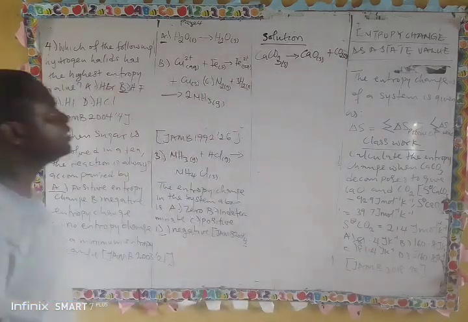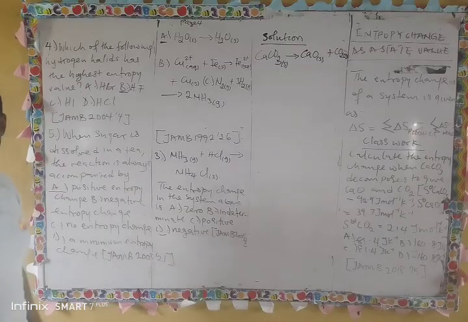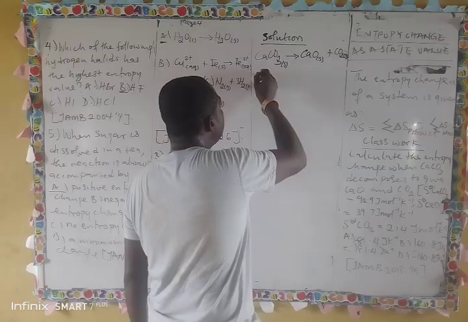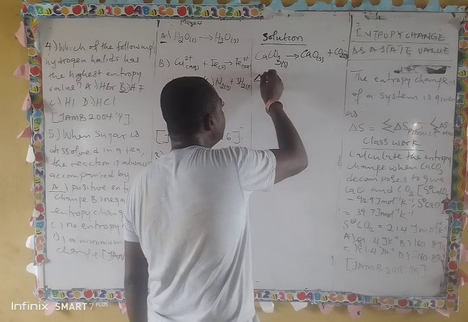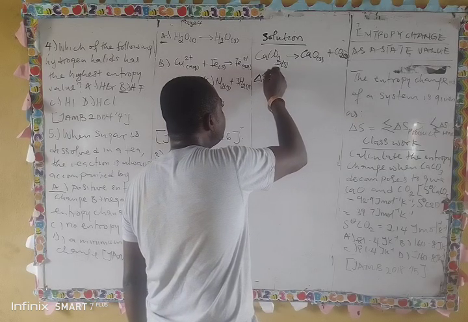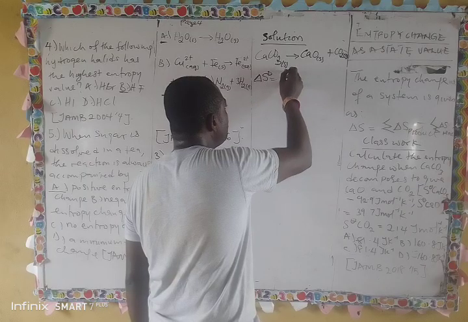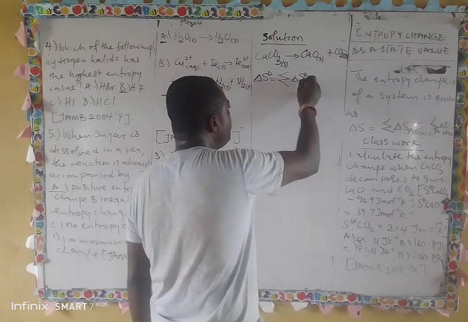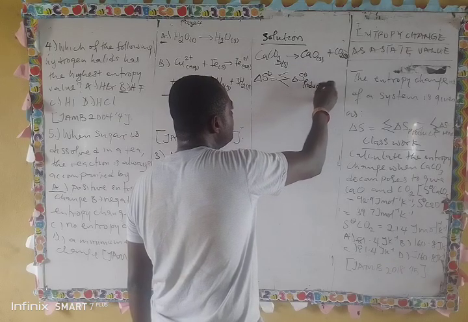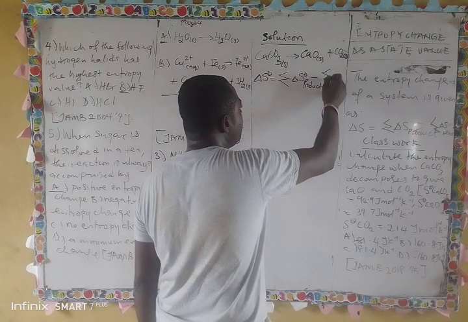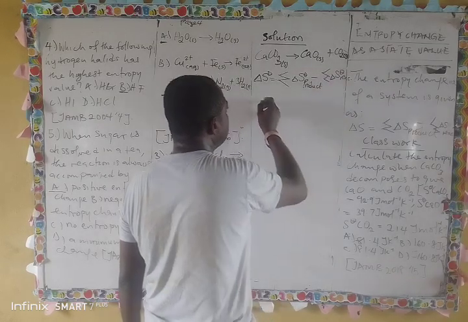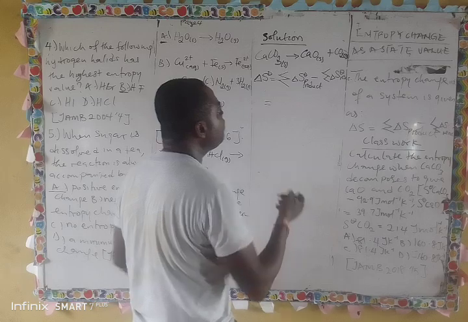The equation is self-balanced. The formula is standard entropy change equals the sum of entropy of products minus the sum of entropy of reactants.